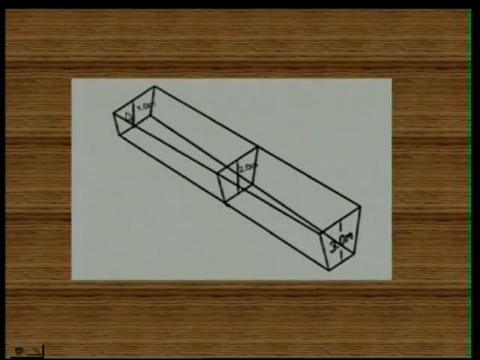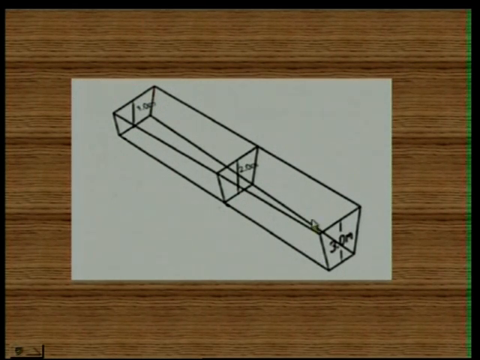From the following visual, it is clearly shown, this is end A and this is end B. The length between these two ends A and B is 100 meters, and the depth at end A, the first section, is 1 meter. Similarly, the depth at the other end is 3 meters. So, we know D1 and we know D2.